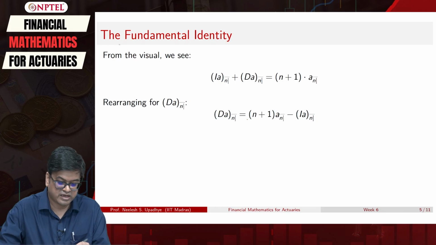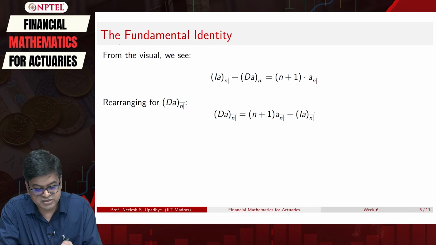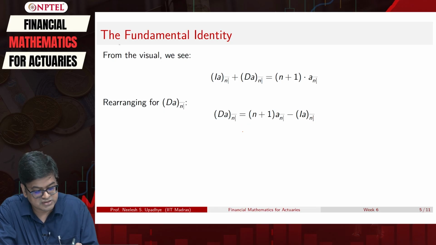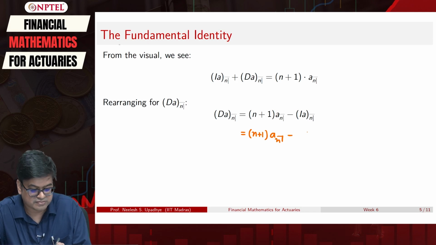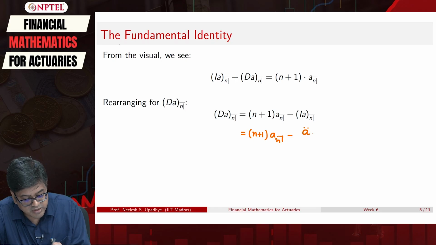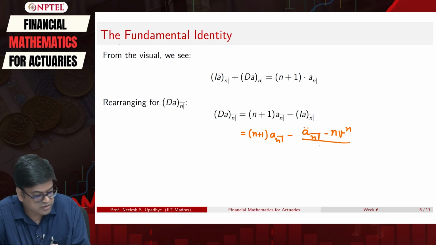I substitute the formula for increasing annuities, which gives n plus 1 times a angle n as it is, minus a double dot angle n minus n v raised to n, upon i.